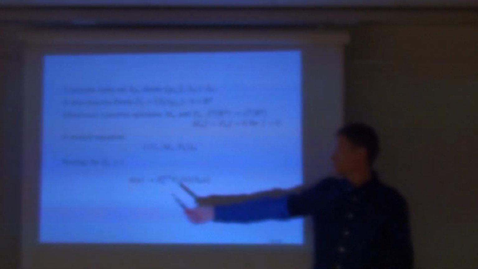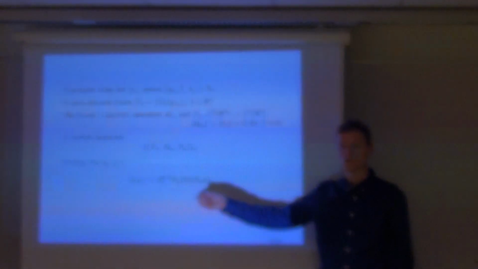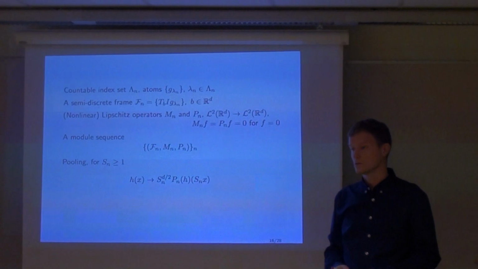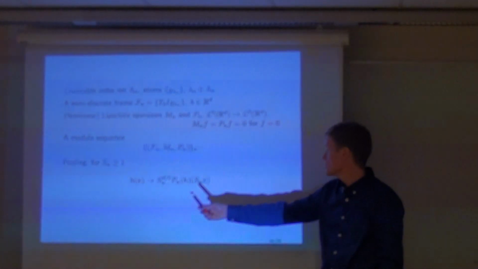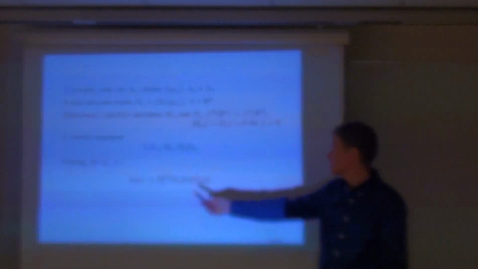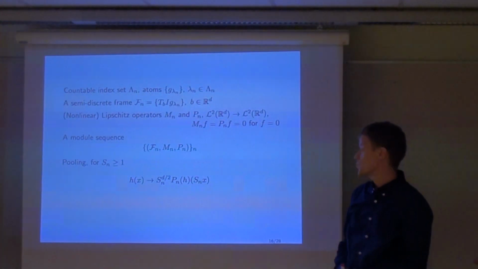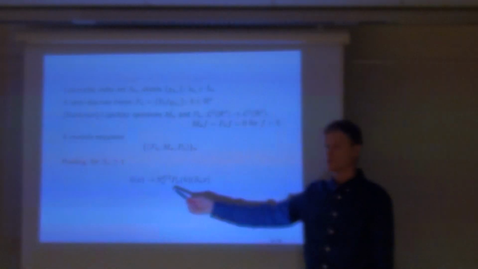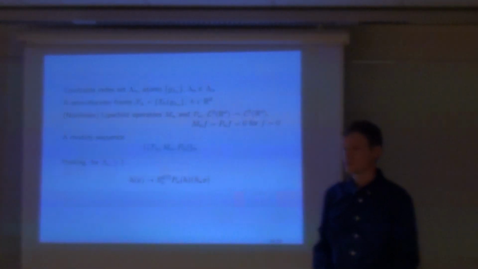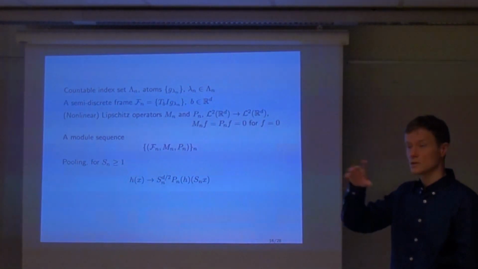P is general enough to be averaging, so that's why we can call this pooling. And these numbers Sn are different for different n, but they are greater than or equal to 1. A special case is that these are all 1, and this is just a linear filter. Then you can do averaging in x and over x.